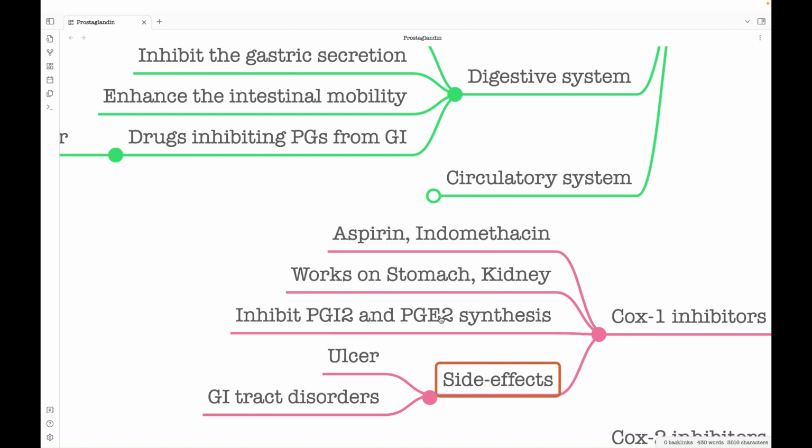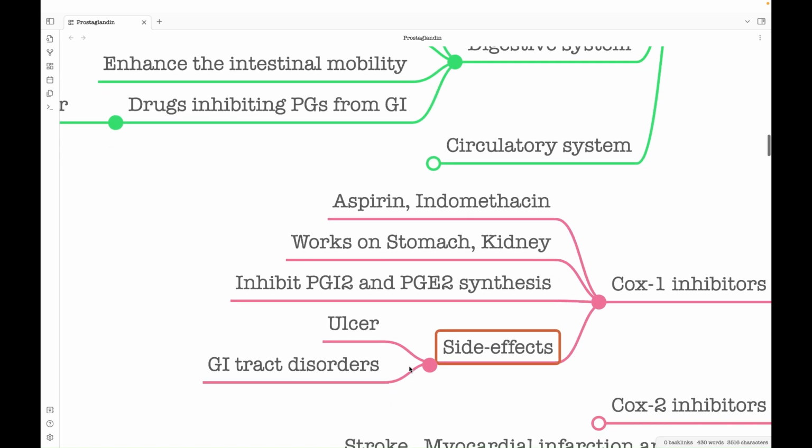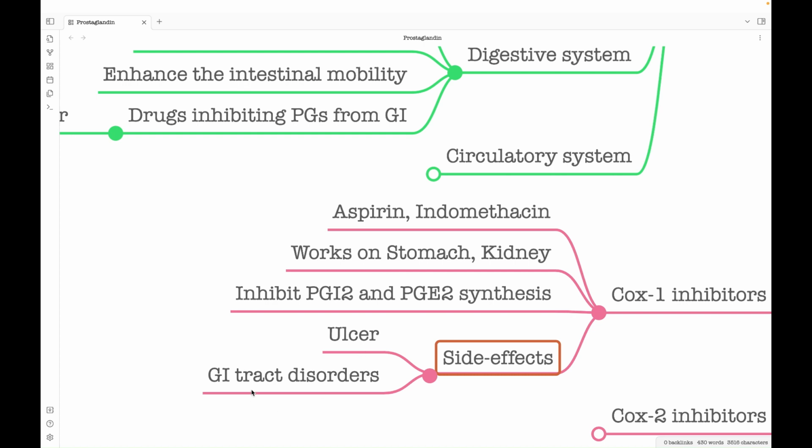Let's focus on the main functions of PGI2 and PGE2: to inhibit the gastric secretion and to enhance the intestinal mobility. But if we take drugs that inhibit COX-1 and the production of PGE2 and PGI2, it can cause ulcers and other GI tract disorders.